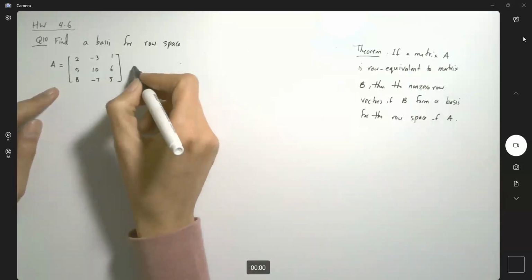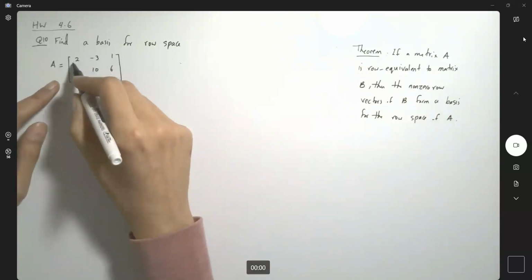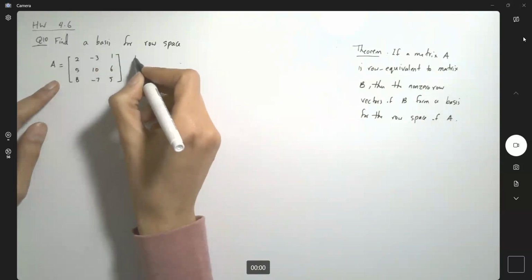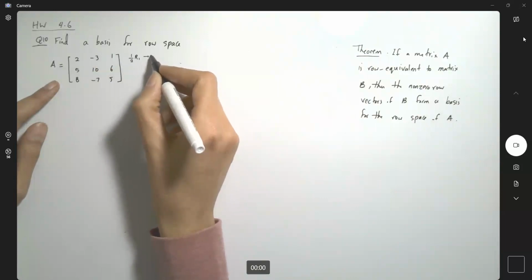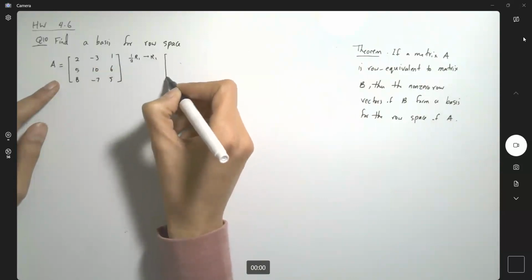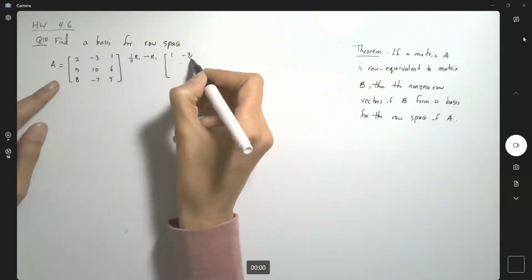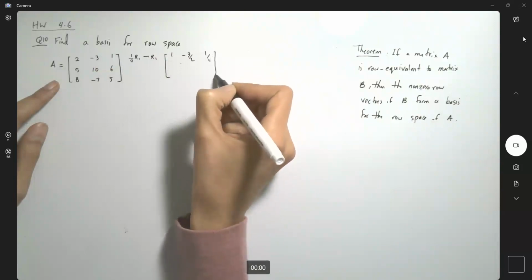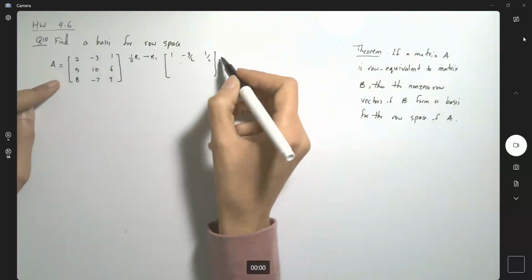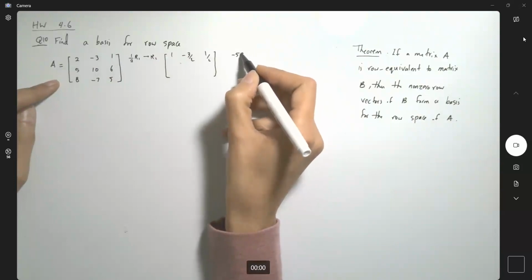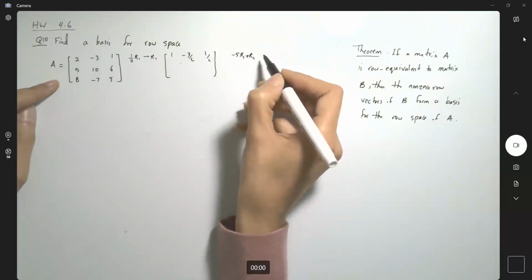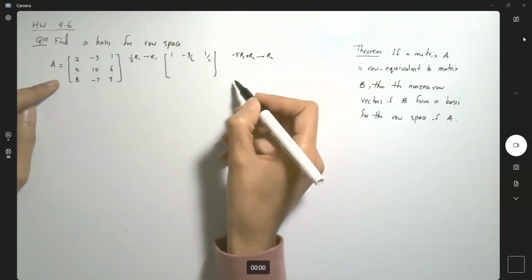Let's take a look at this one. First of all, get rid of this 2 by dividing the first row by 2, or multiplying by a half. This becomes 1, negative 3 halves, and a half. This entry must be 0, so multiply the first row by negative 5 and add it to the second row. This becomes your new second row.